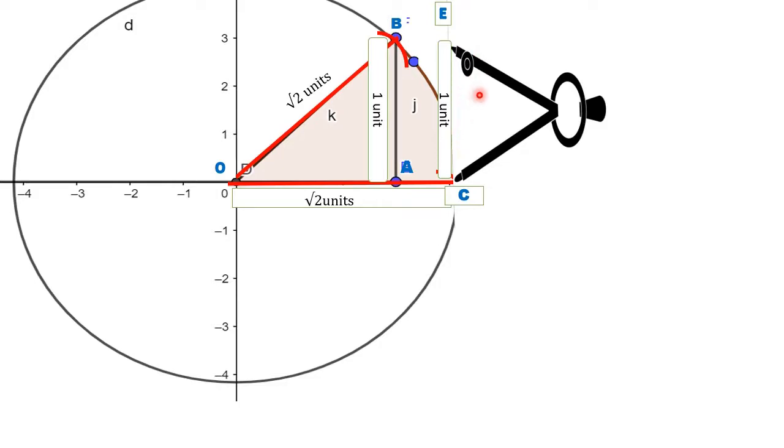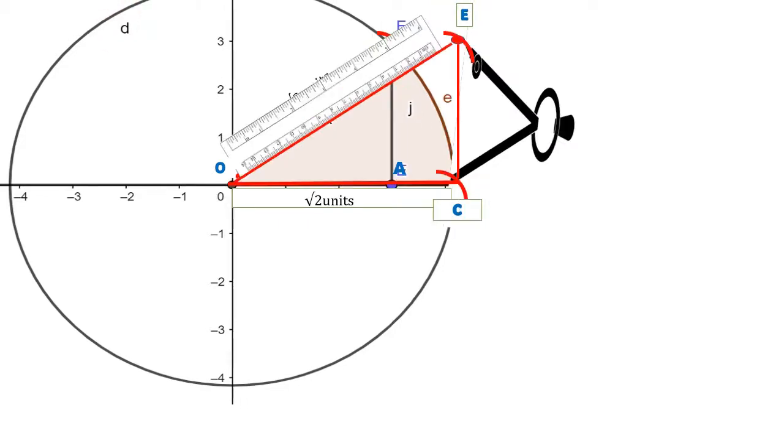Yes, 1 unit is equal to 3 centimeter on our scale. After making an arc of 3 centimeter at E from C, remove the compass, bring a scale, and join OE.